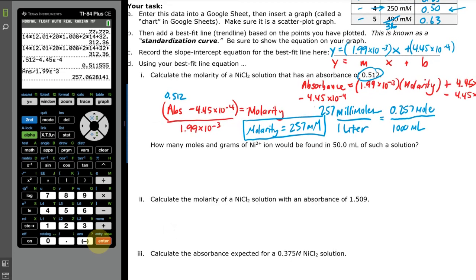So we have in our solution 0.2 moles of nickel chloride. That's our solute here, and every 1,000 milliliters of the solution. And the question is then asking how many moles and grams of nickel would be found in 50 milliliters of such a solution. To solve that, we're going to start with 50 milliliters.